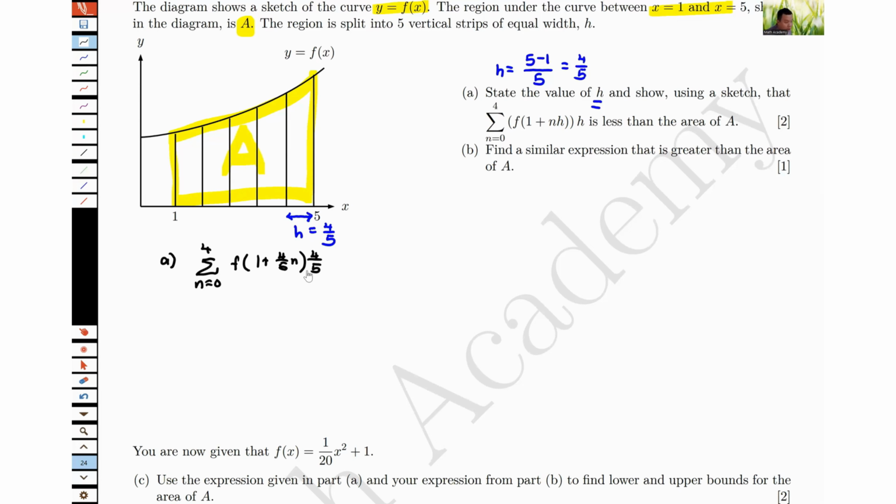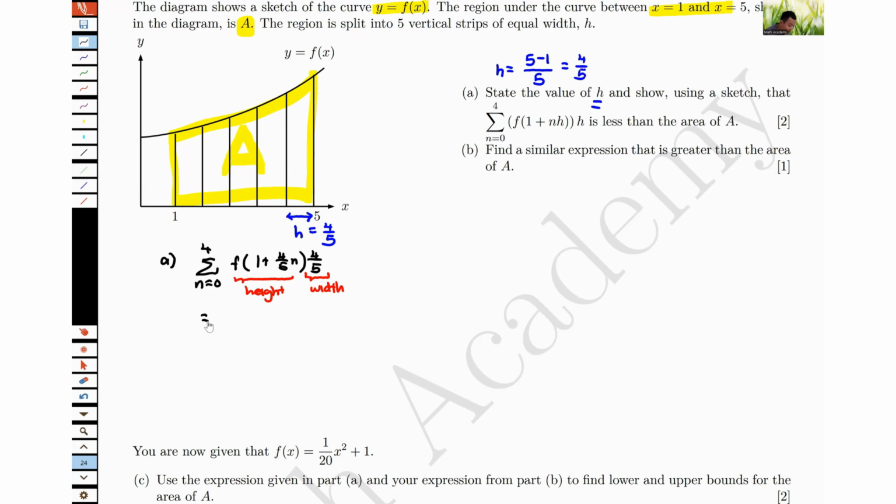Now, before even expanding it out, you should be able to observe from what we have been doing over the last 2 weeks, this is the width of the rectangle, which we also have on the diagram as 4/5. Then this should represent the heights of the rectangle. But in order to know the exact numbers, let's write out a few terms.